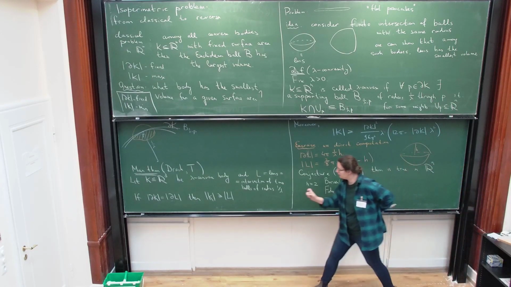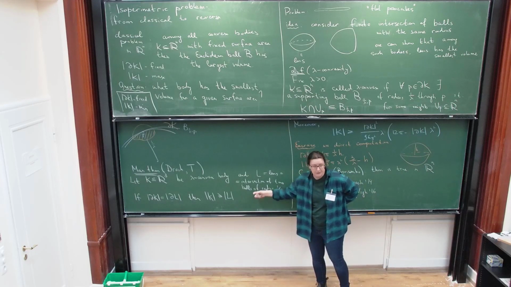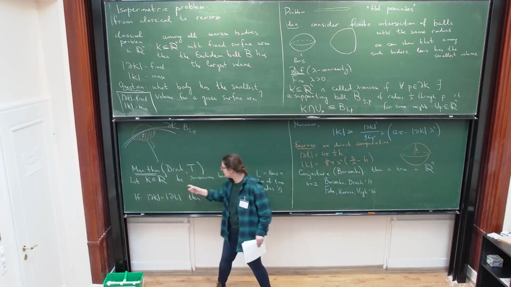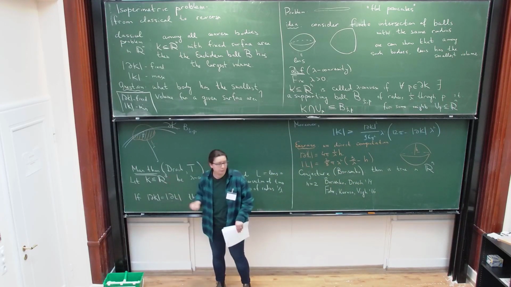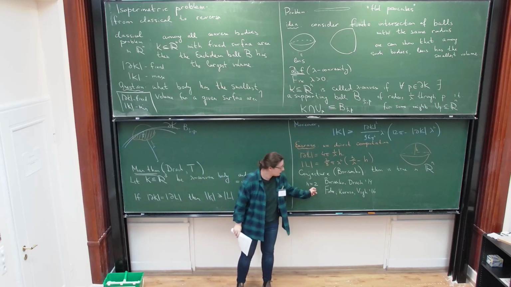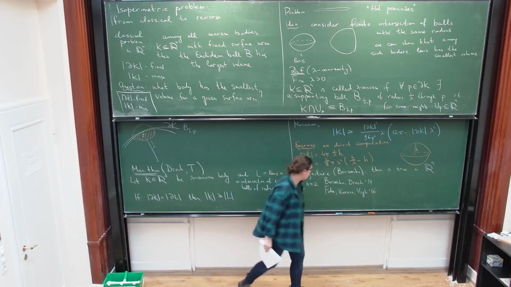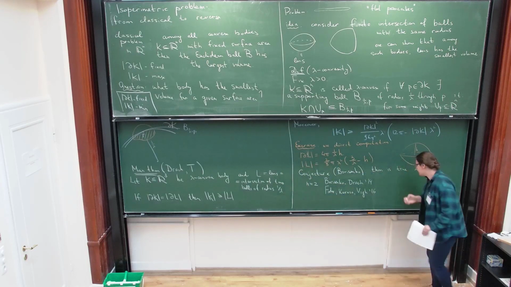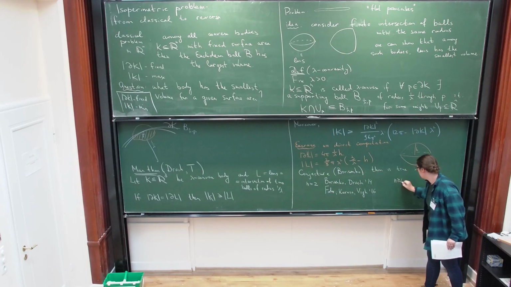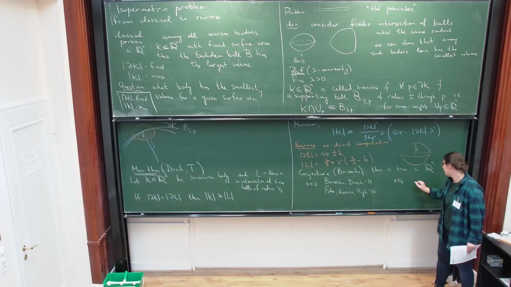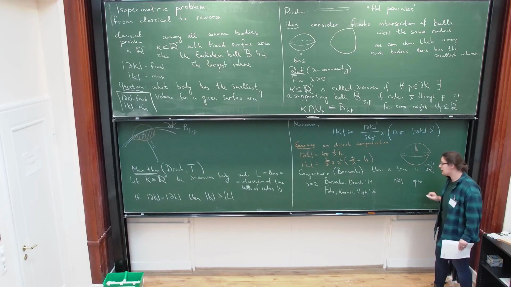The result that we obtained is in R3, but it also gives us an alternative proof of the theorem in the two-dimensional case, and we're going to see it next time. But the general result for dimension 4 or higher is an open problem.